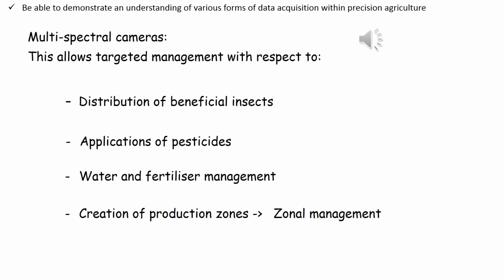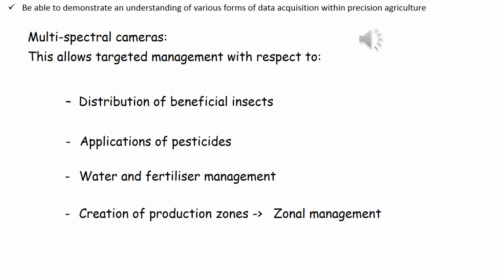And again, that targeted management means paying attention to particular areas rather than a blanket treatment of the whole area in question, so that we can create production zones for zonal management.